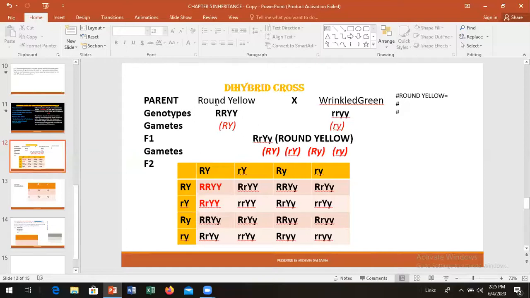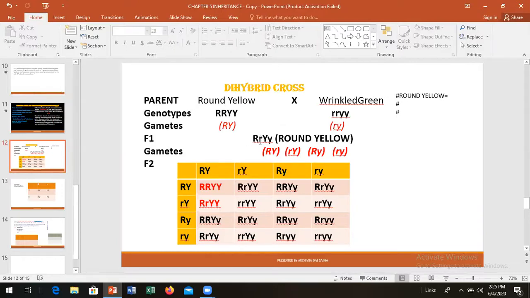Round individuals are the homozygous with the factor for round, that is capital R, or homozygous when we write capital R, small r, it is still round. Why is it round? Because here the capital R, the dominant factor, is present.